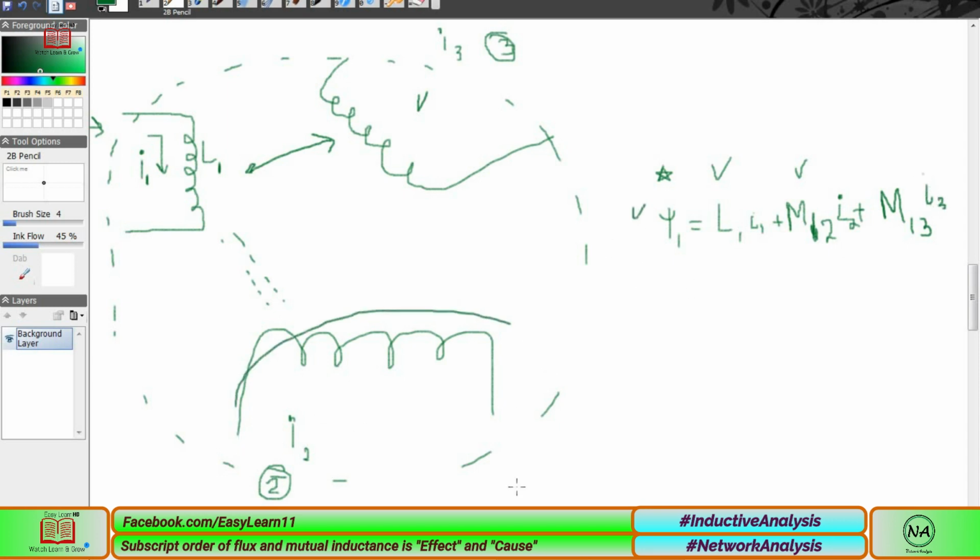Same is the case, we will derive the equation for the flux linkage in system 2. For flux linkage of this system, we are going to define another rule here.